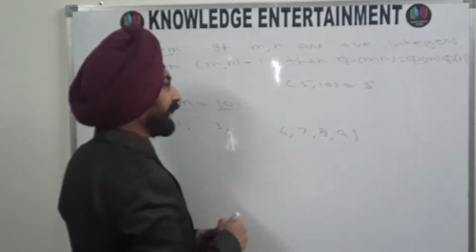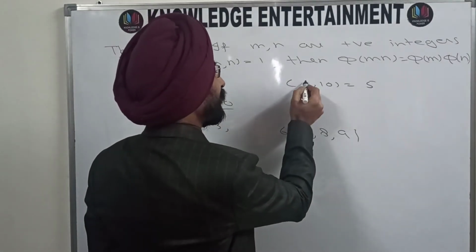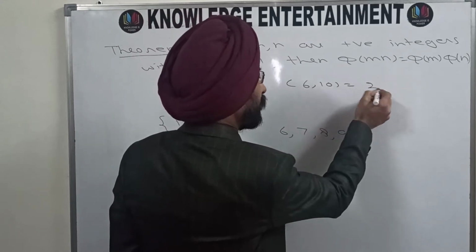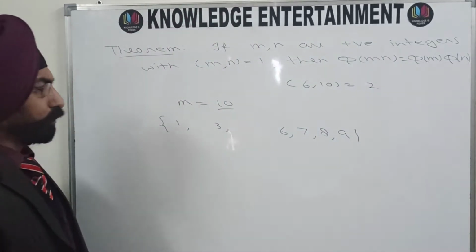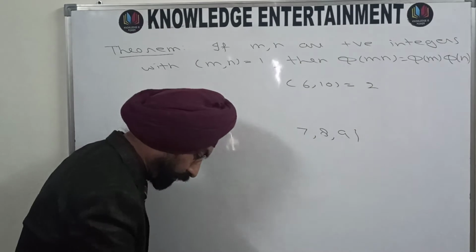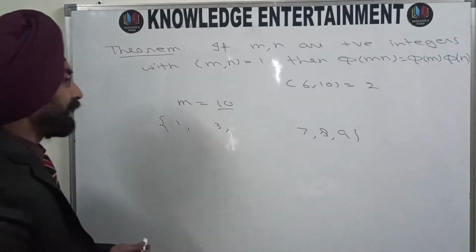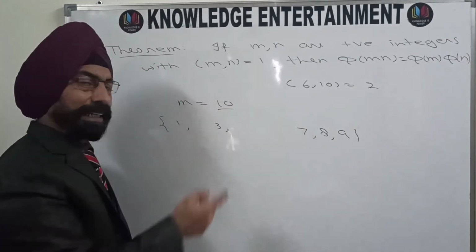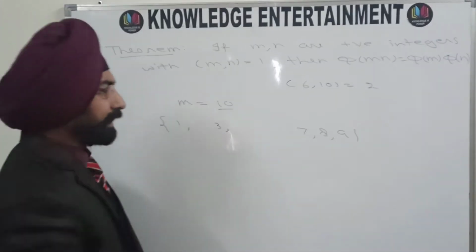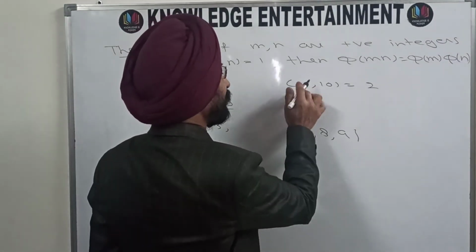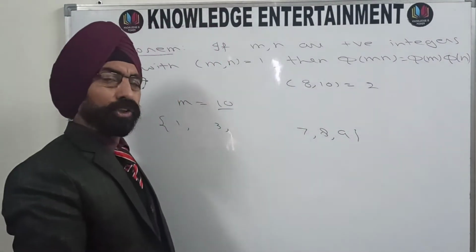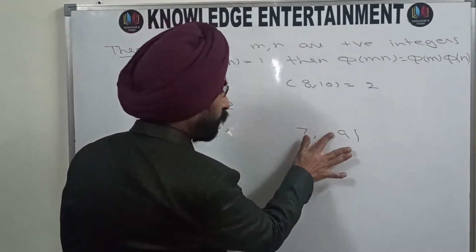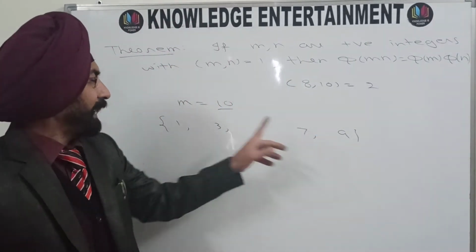GCD of 6 and 10 is once again 2, it is not 1, so we will remove 6 also from this set. Then GCD of 7 and 10 is 1, so I will keep 7 here. GCD of 8 and 10 is once again 2, so we will remove 8 from here. And GCD of 9 and 10 is 1.